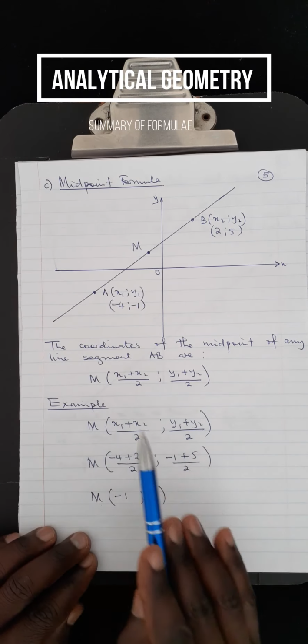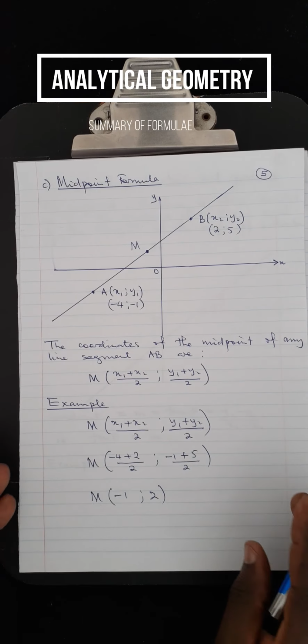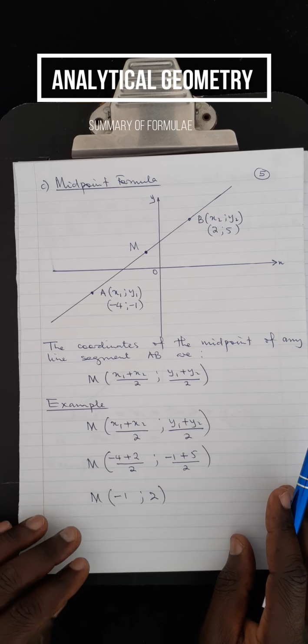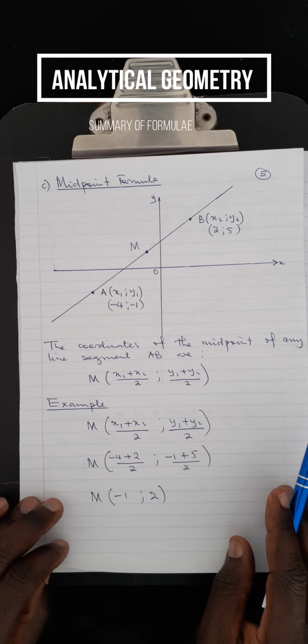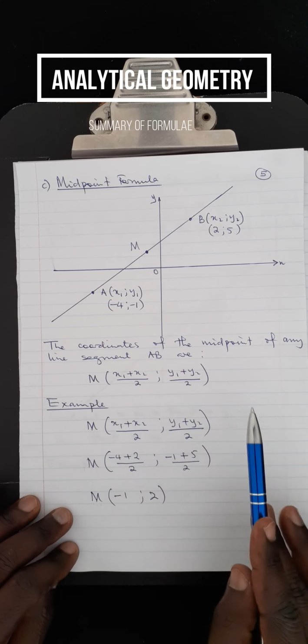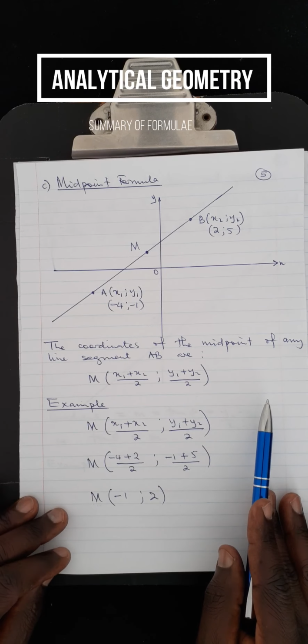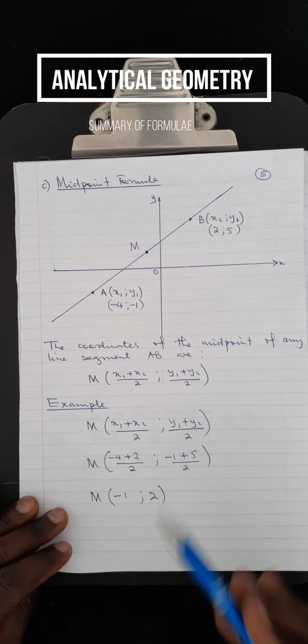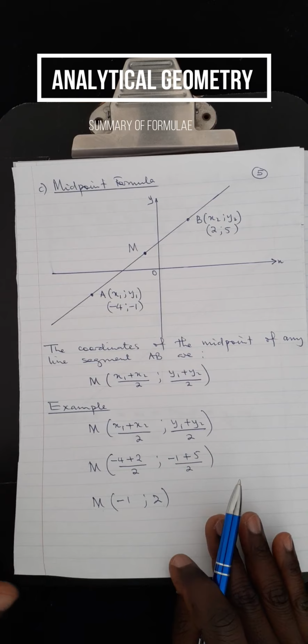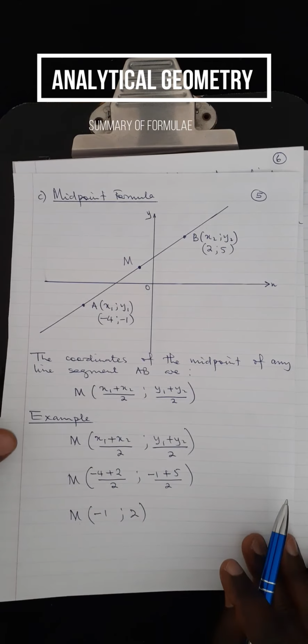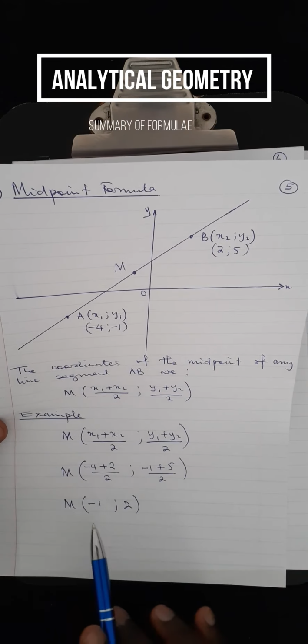Whenever a question is asking you to calculate the midpoint of two given points, remember that formula. Most of these formulas that we are mentioning here are given in the formula sheet for your maths exam question paper. So that's the midpoint.